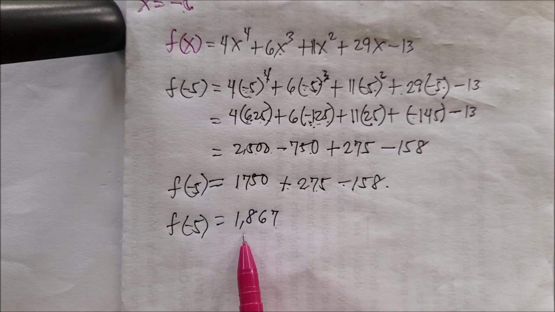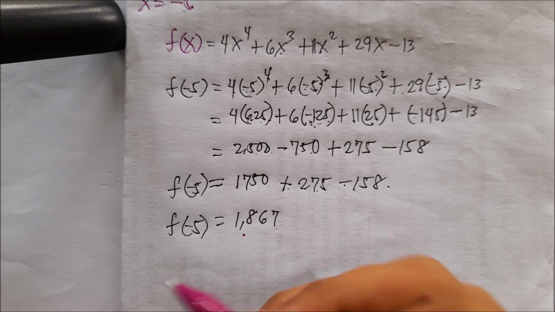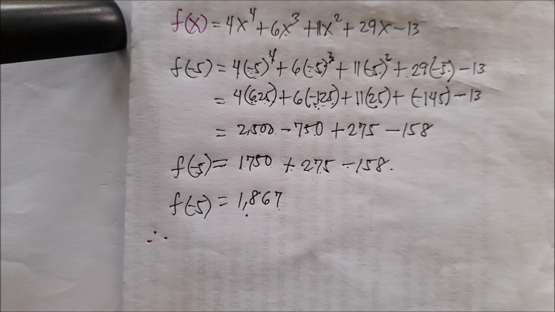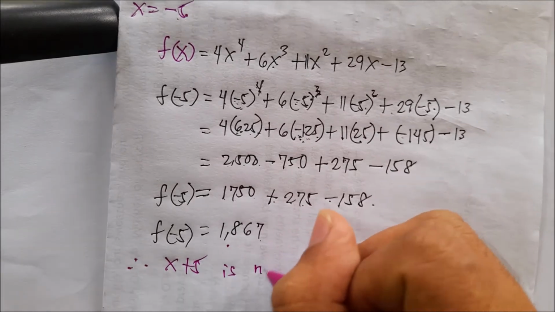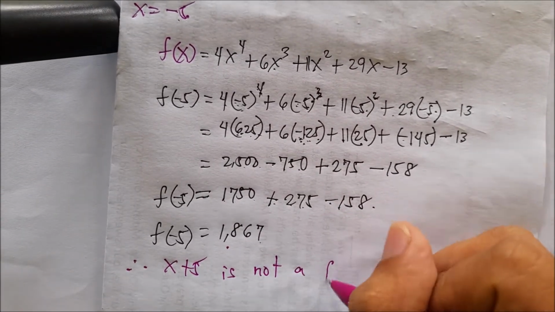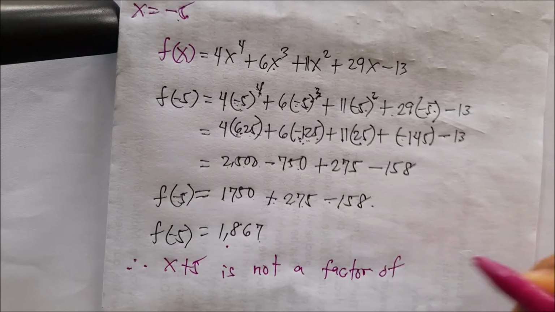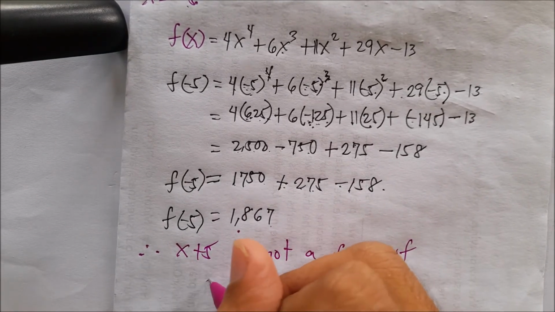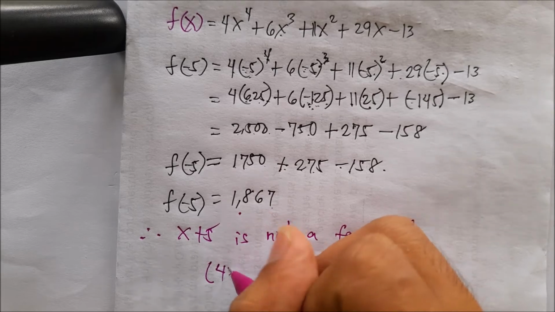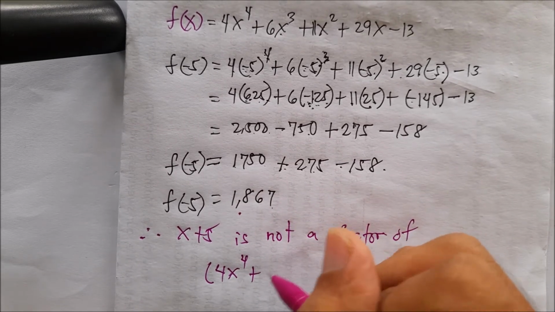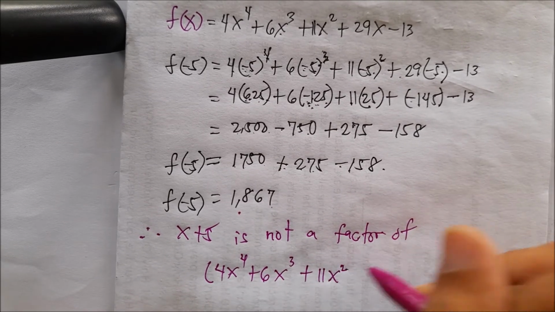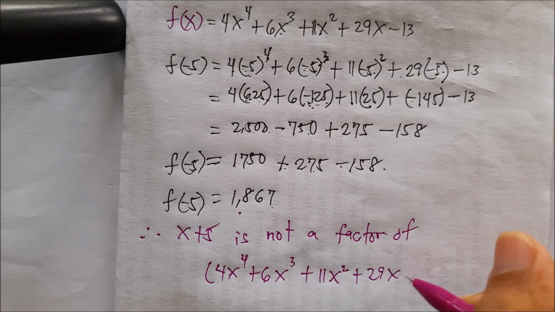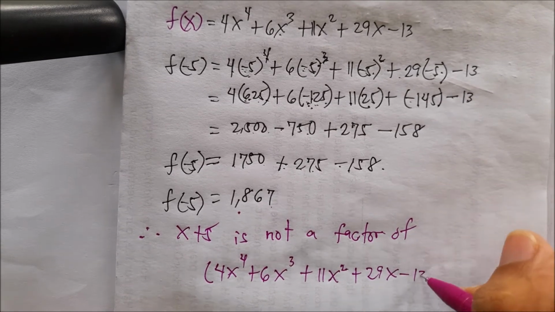Since the result is not equal to 0, therefore x plus 5 from the given is not a factor of the polynomial 4x raised to 4 plus 6x raised to 3 plus 11x raised to 2 plus 29x minus 13.